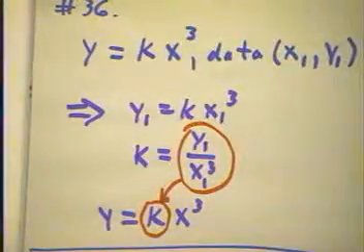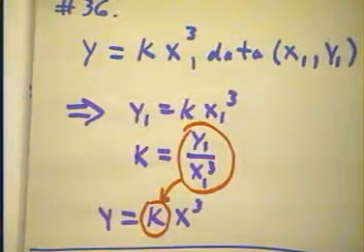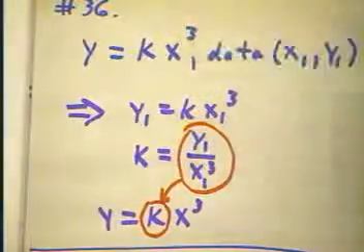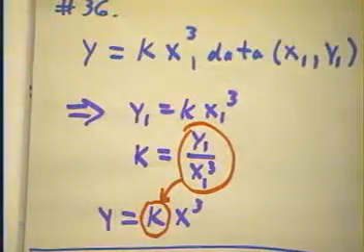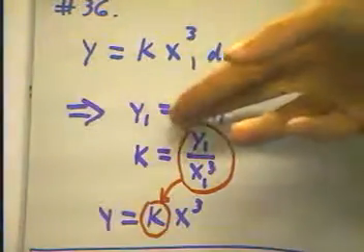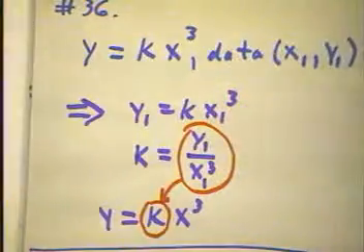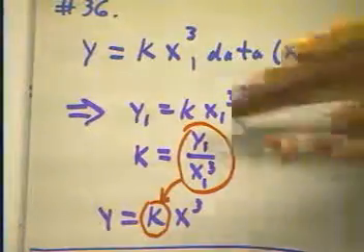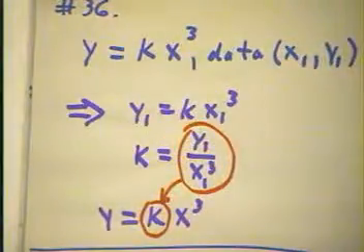Number 36 in the linked outline involves the kinds of ratios you get from different proportionalities. For example, if y equals kx cubed, and we have data points x1 and y1, the proportionality is going to read y1 equals kx1 cubed, where x1 and y1 we assume are known numbers.